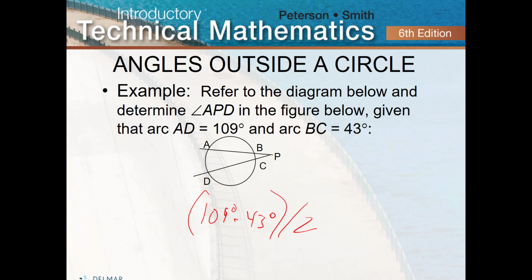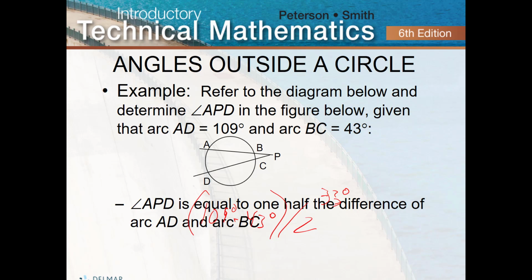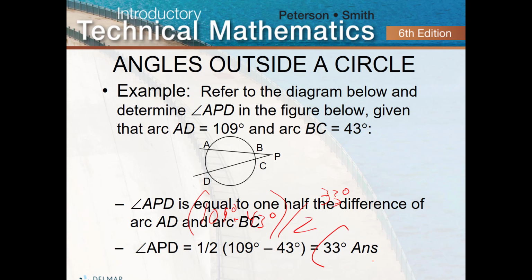So we go 109 minus 43 equals, divided by 2. So it will be 33 degrees. All right, let's check that. 33 degrees. All right. So pretty straightforward stuff.